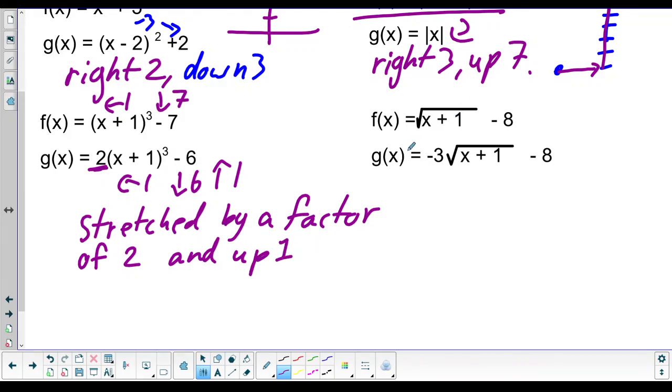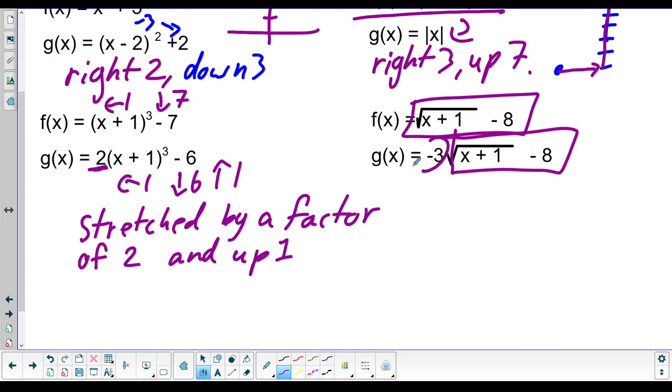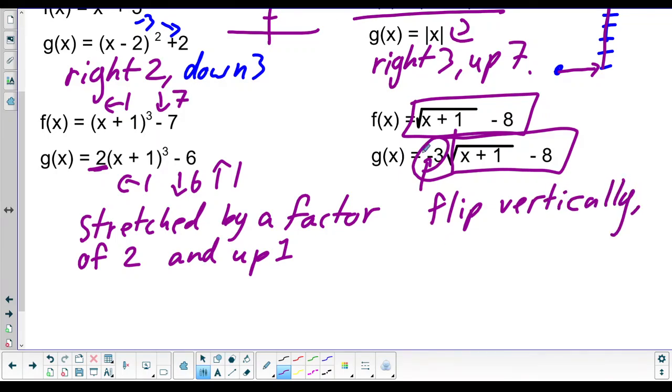All right, and then last one. These are the exact same thing. This matches this, and the only difference is this minus 3. So what's that minus 3 going to do? It's going to flip it because it's negative. So flip vertically. And then because it's also a different number, this is an invisible 1, this is a 3. Because this number is 3 times as big, let me enunciate.